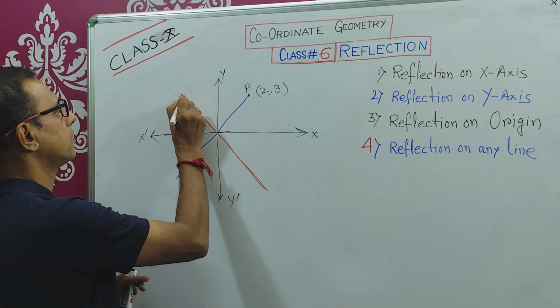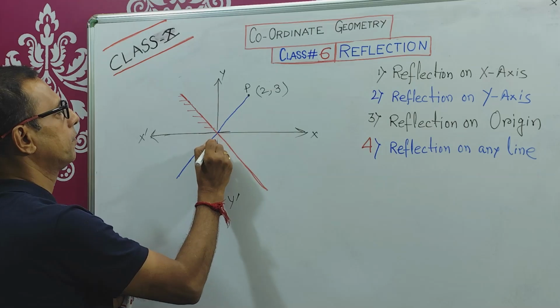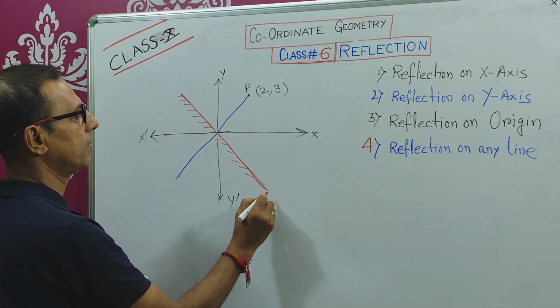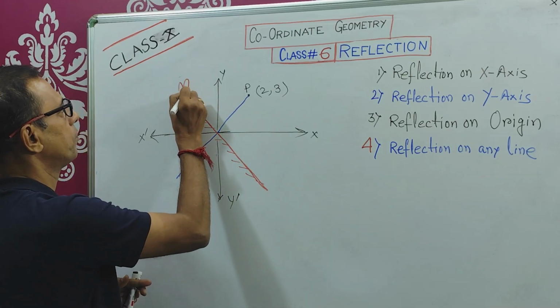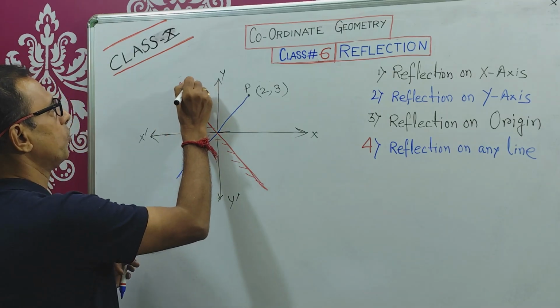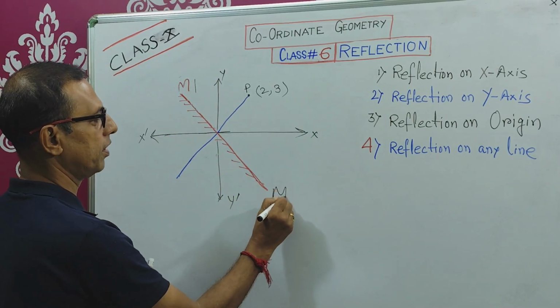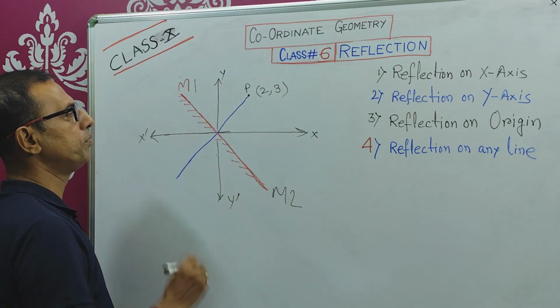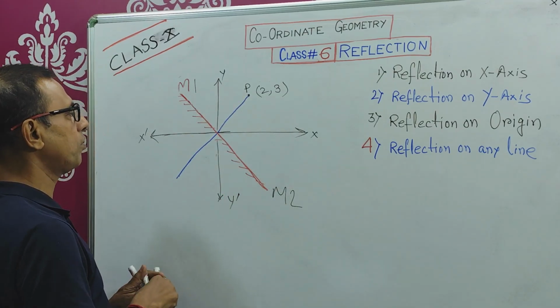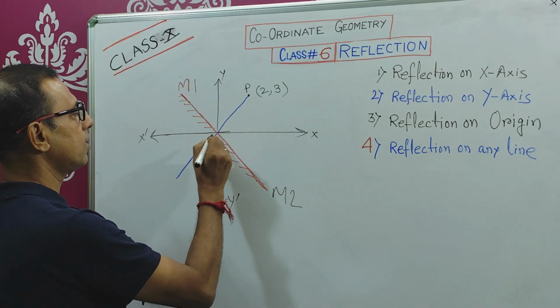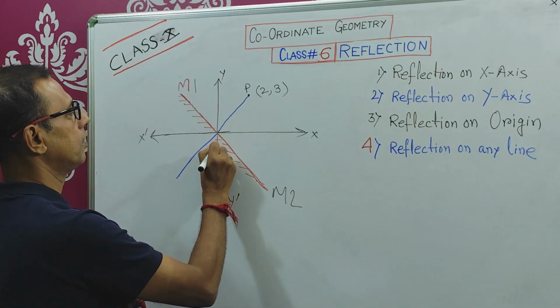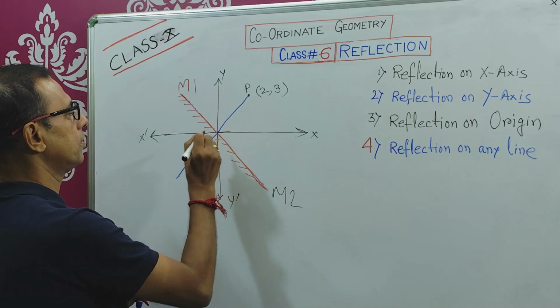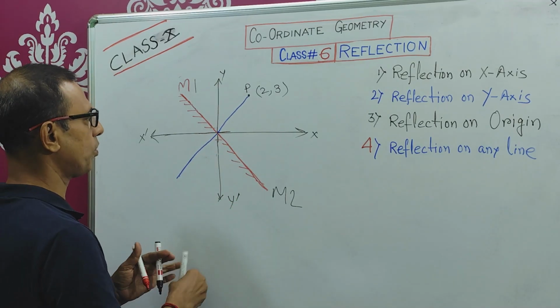Let's say this is the mirror line, M1, M2. Now this is the object. What will be this distance? This is the origin, this is the intersection point, and this point is O.